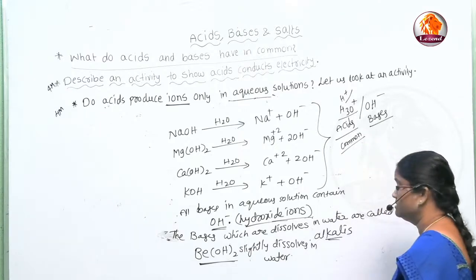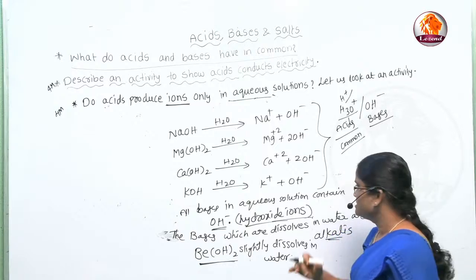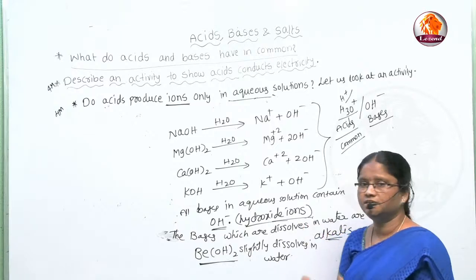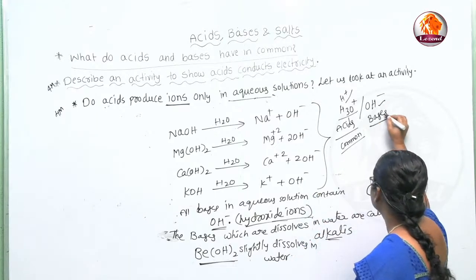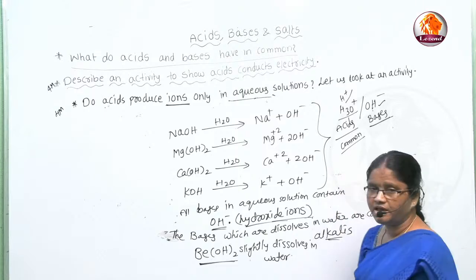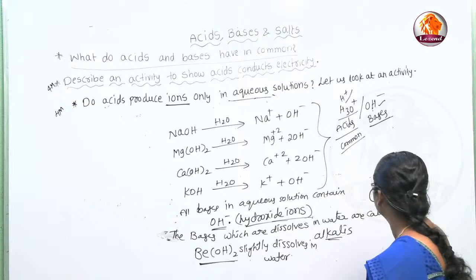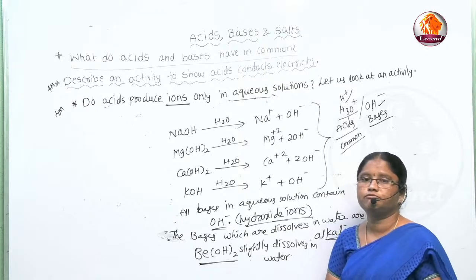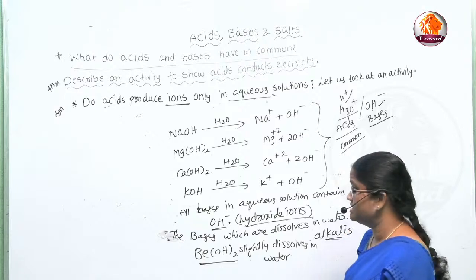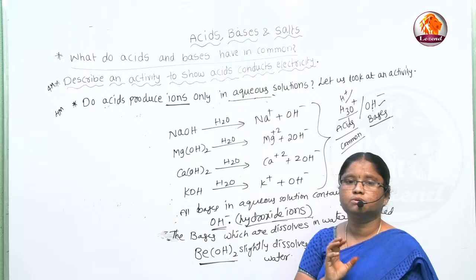Now the question: describe an activity to show that acids conduct electricity. In the same way, bases also conduct electricity with the help of the movement of hydroxide ions, OH minus ions, which they have in common. The movement of these ions is responsible for the flow of electric current, so acids conduct electricity, and bases also conduct electricity.